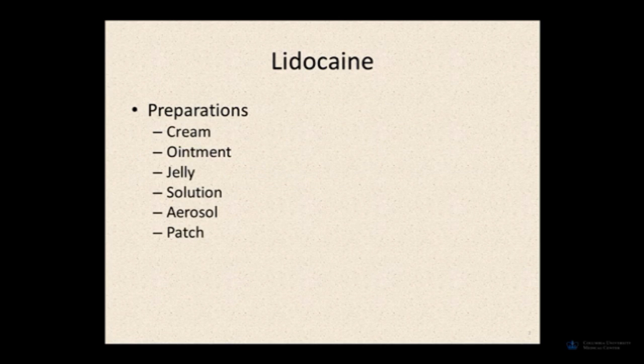Preparations, there's lots of them for lidocaine. We see creams, ointments, jellies, solutions, aerosols, patches, right? You can go to your local CVS or Walgreens and you can get a lidocaine spray to spray on your cuts and abrasions so they don't hurt so much. If you can get over the initial sting, there's actually a numbing effect after that.